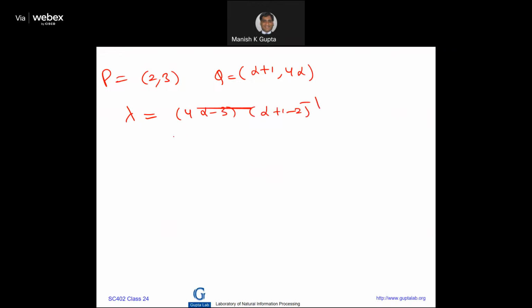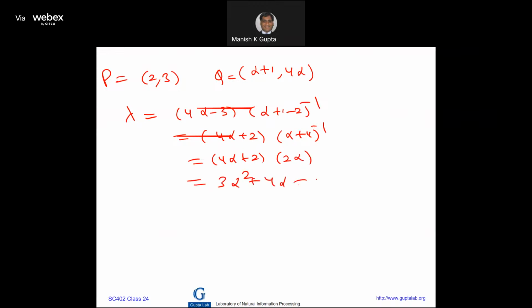This is (4 alpha plus 2) times the inverse of (alpha plus 4)... which equals 3 alpha square plus 4 alpha, which equals 2 alpha plus 4. This is the value of lambda.